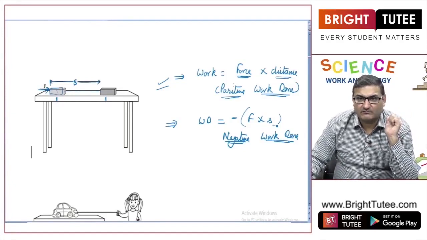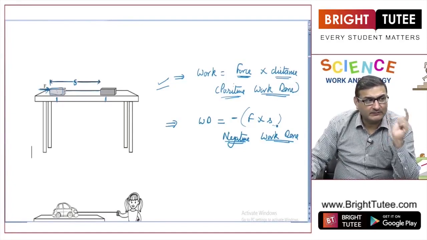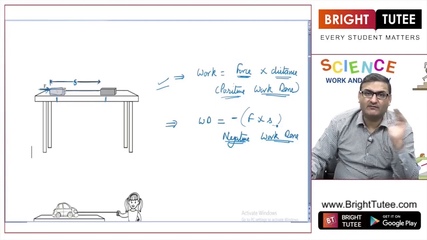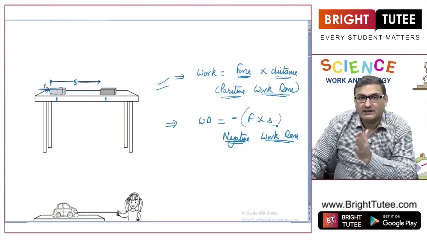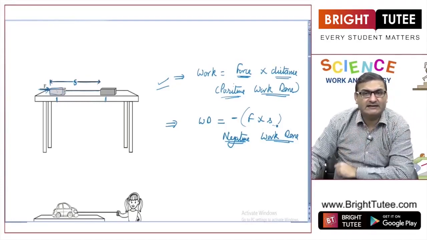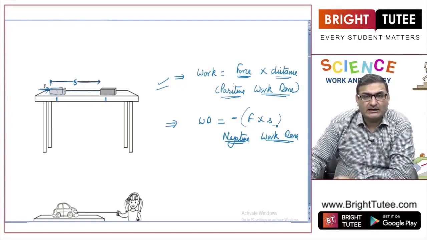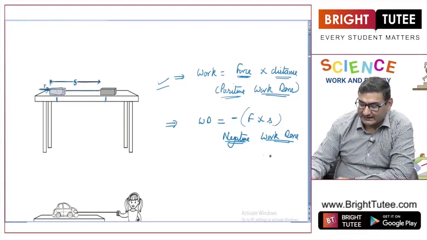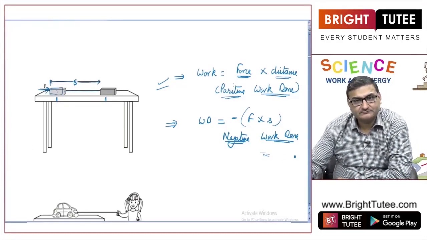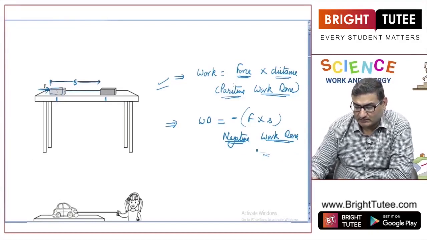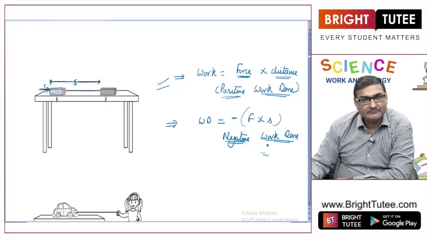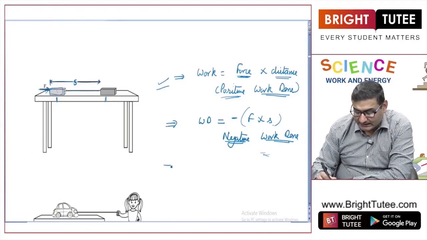In that case, what happens is that the moment you apply force on the wall in the forward direction, you go in the opposite, in the backward direction. Those all are the examples of negative work done. Got it? So this is all negative work done. Clear? Another thing is zero work done.